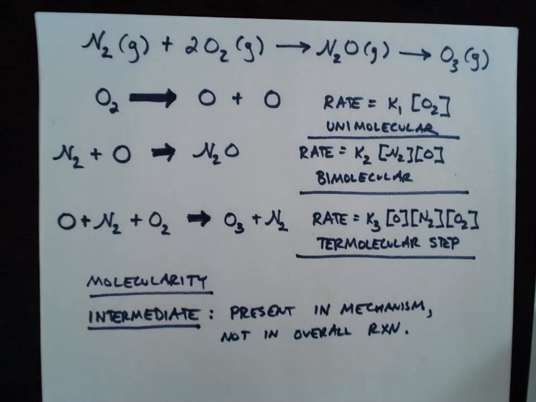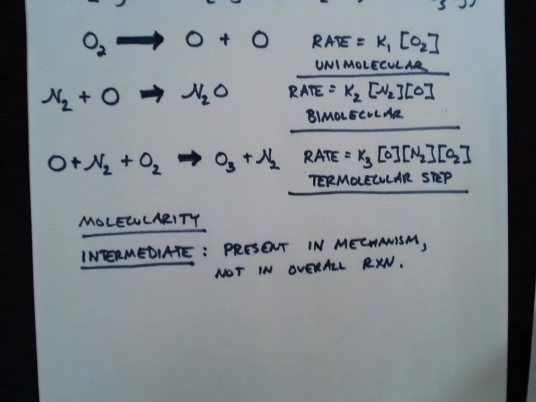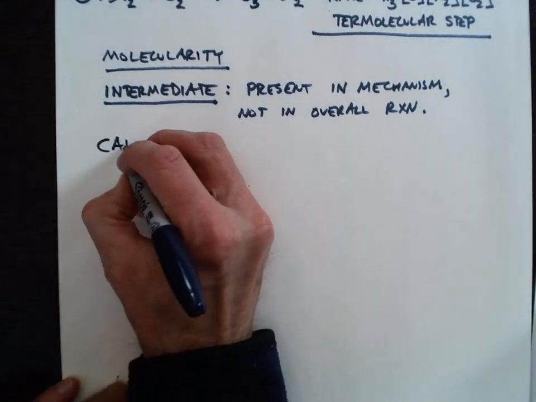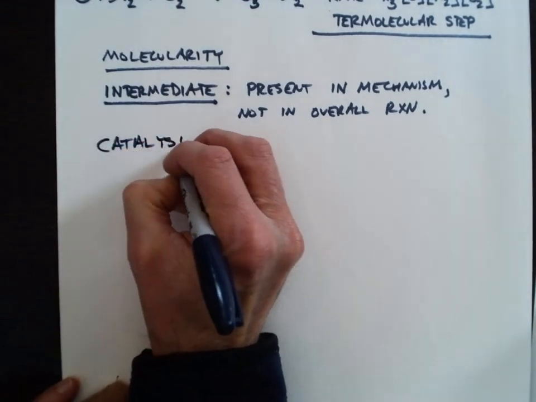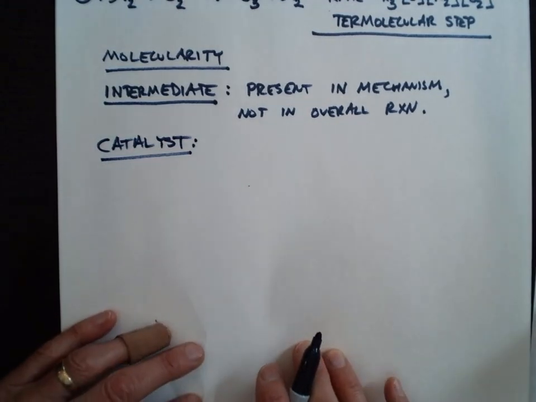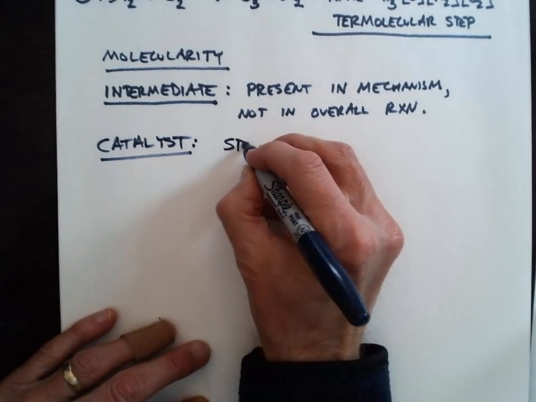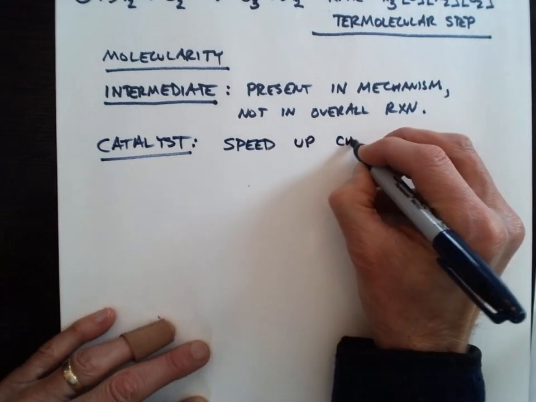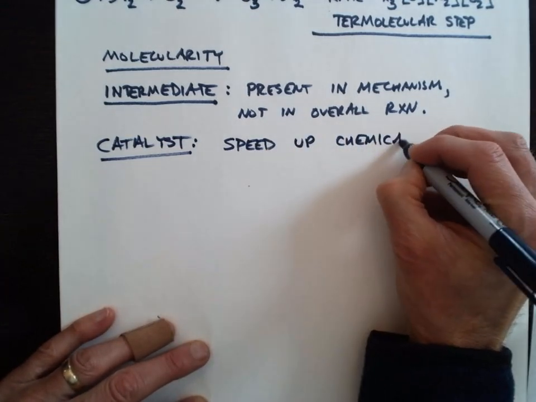A special type of substance that shows up in chemical mechanisms is known as a catalyst. Catalysts are going to be substances that speed up a chemical reaction. So their presence speeds up a chemical reaction, makes them occur much more quickly.